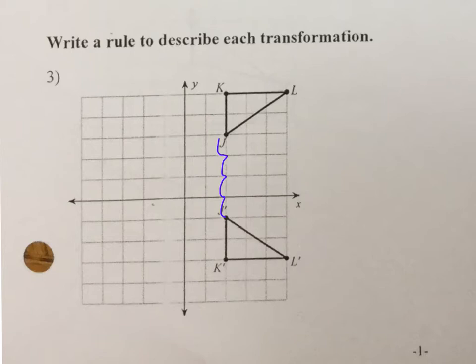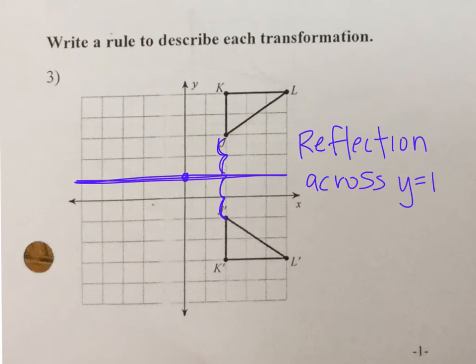So halfway would be 2 up and 2 down. So this picture is reflecting across y equals 1 because I go up 1 on the y and draw my line. Reflection across y equals 1.